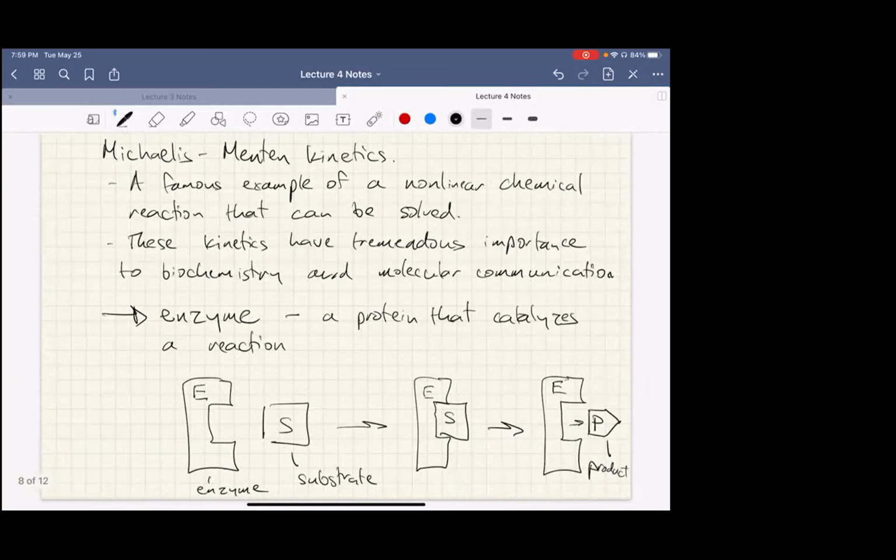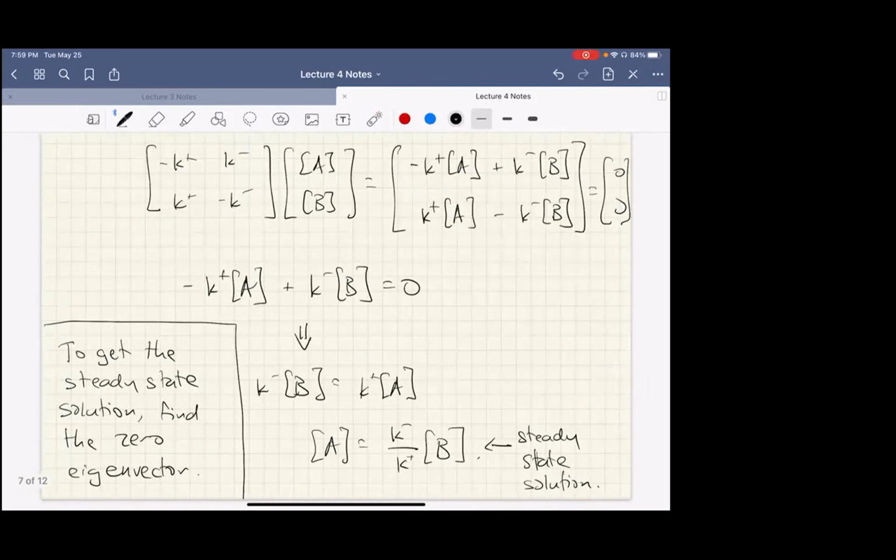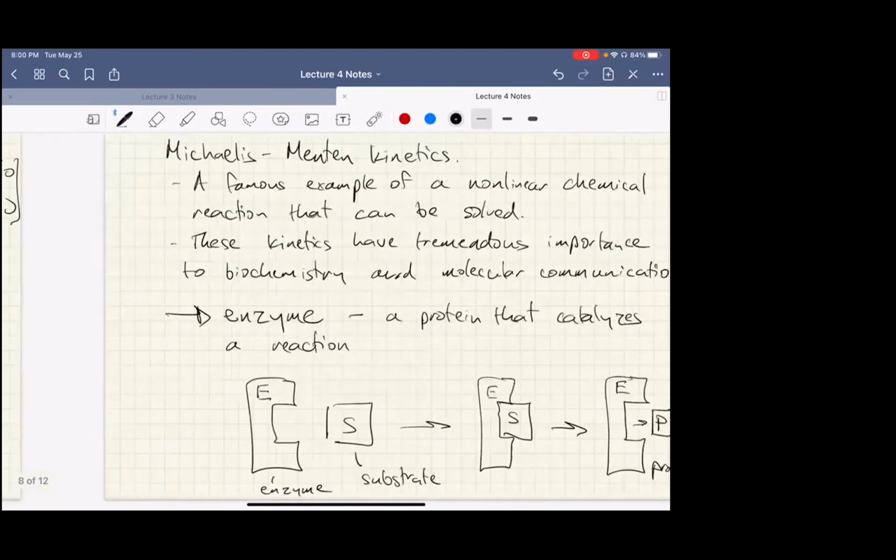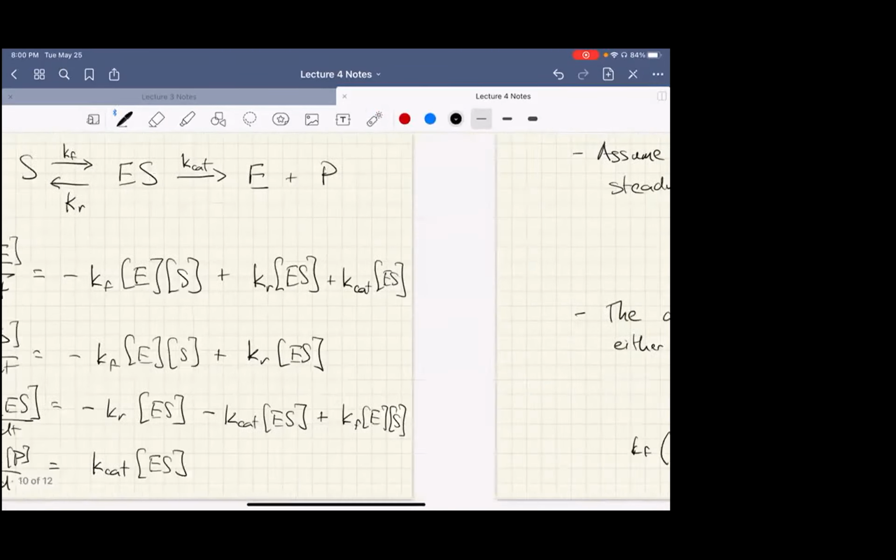We had these steady state relationships between A and B. Remember, A and B were a forward-backward pair, and if I had a certain concentration of A, the concentration of B was the reverse rate divided by the forward rate. So this ratio is actually important to those forward-reverse kinds of reactions, just like this.